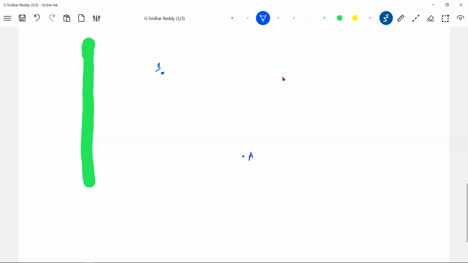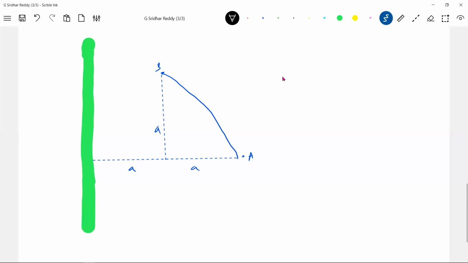There's a point B. There's a point A. An external agent has to move this charge along AB. There's a long line charge. There's a quarter circular path. Any path you can take later on.